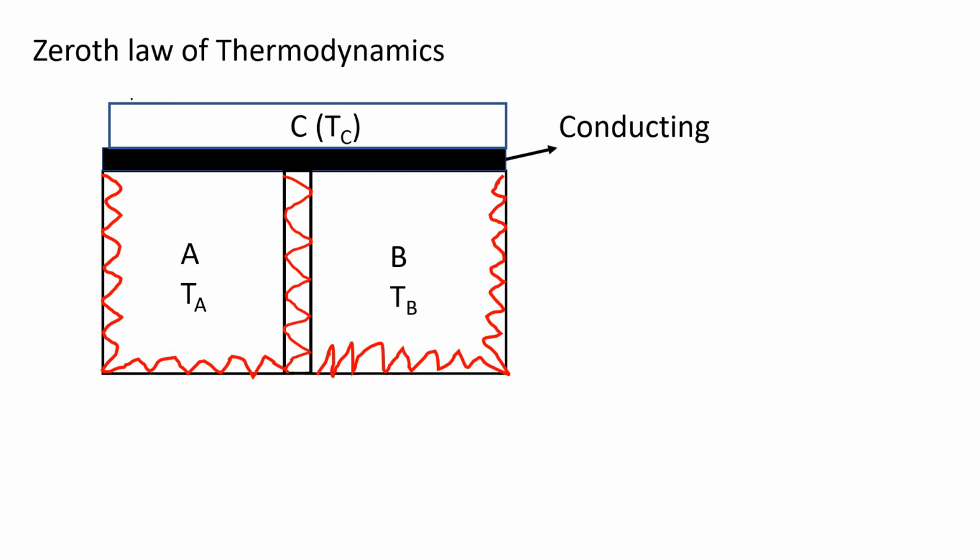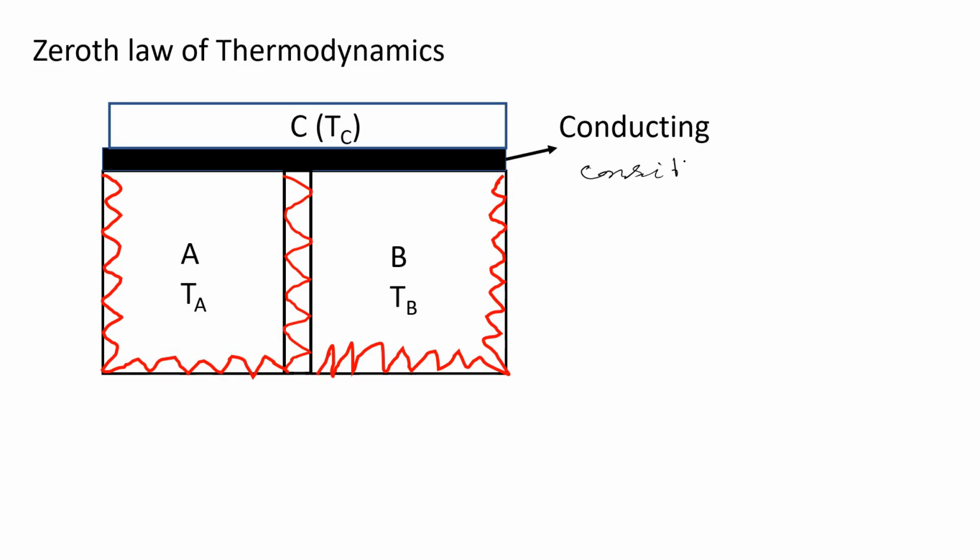Another one, this another system C is kept here, which is in contact with both A and B, and the boundary between A and C or B and C is conducting. This is the condition. So the boundary between these two systems and these two systems is conducting, but the boundary between A and B is insulated.